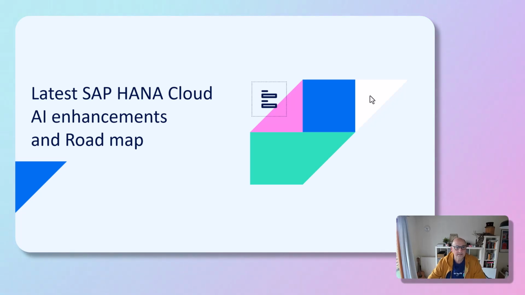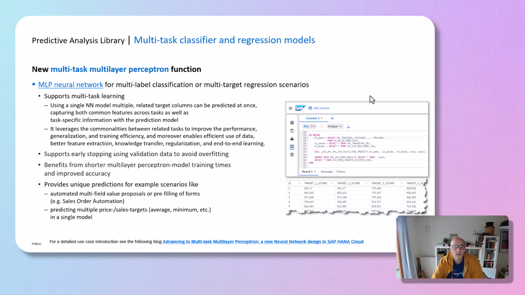So what are the latest enhancements, or some of the latest enhancements I'd like to showcase here? In the Q2 release of SAP HANA Cloud in 2024, we released a new so-called multitask multi-layer perceptron function.